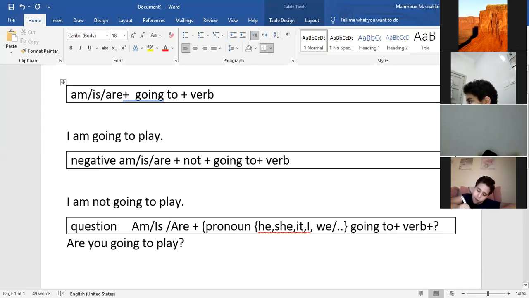Now we go to the student book. I'm going to open the student book now.